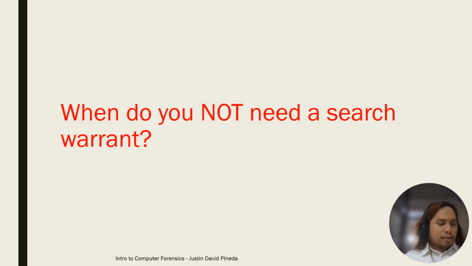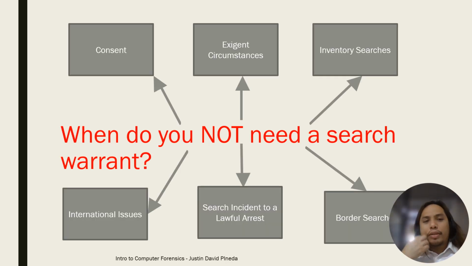Now, the question is, of course, the first step is obtain a search warrant. But are there any cases wherein we do not need a search warrant? So the answer is yes, there are instances, there are exceptions to the rule, and we have six. So the first one is consent.